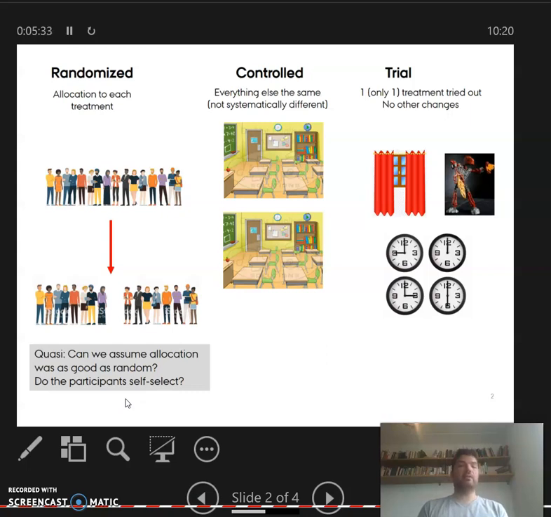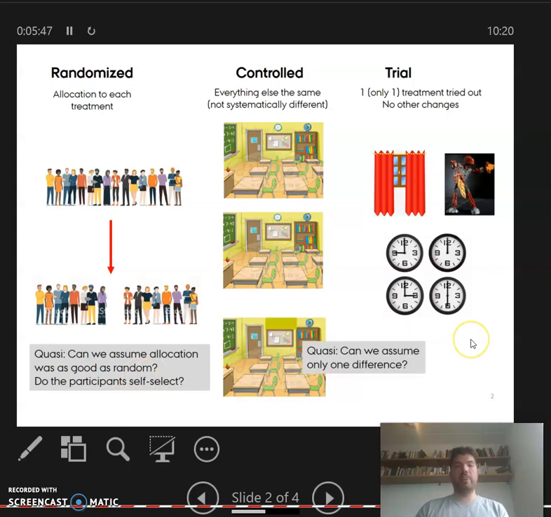But we could then argue that the process was as good as random, because kids didn't self-select into, I want to do the early one today, or school teachers didn't self-select their classes into certain times of the day. It was just as good as random a process.